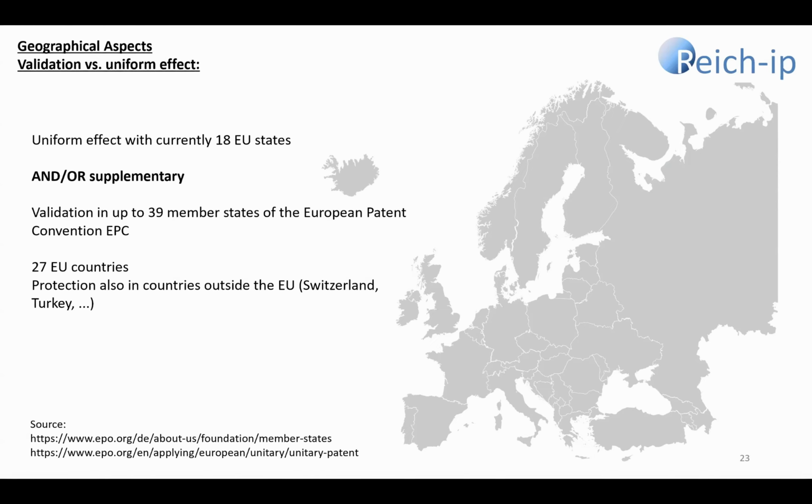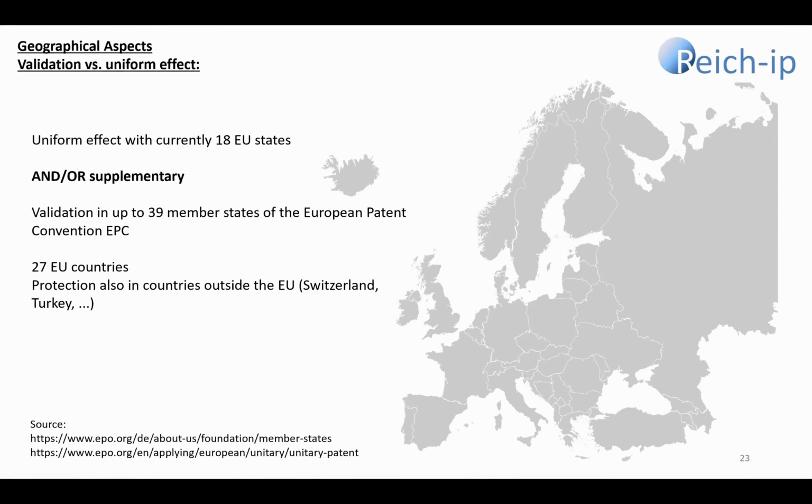And what is also of interest regarding these countries is that the EPC, the European Patent Convention, is not related to EU states. It can be according to the first option, but also countries like the UK, which have left the EU, can be validated.